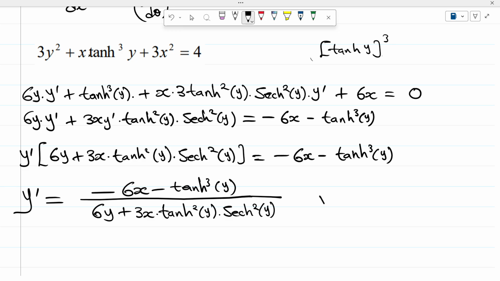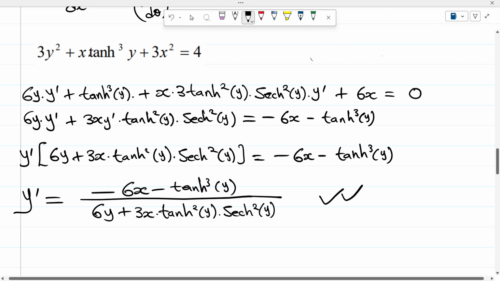And then, ta-da, this should be your answer, guys. Yeah, so we should arrive at something like that as our answer. And now let's see what else we can do.